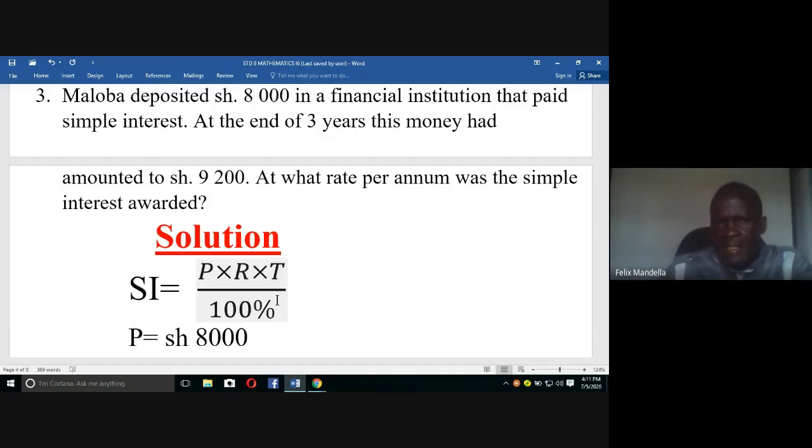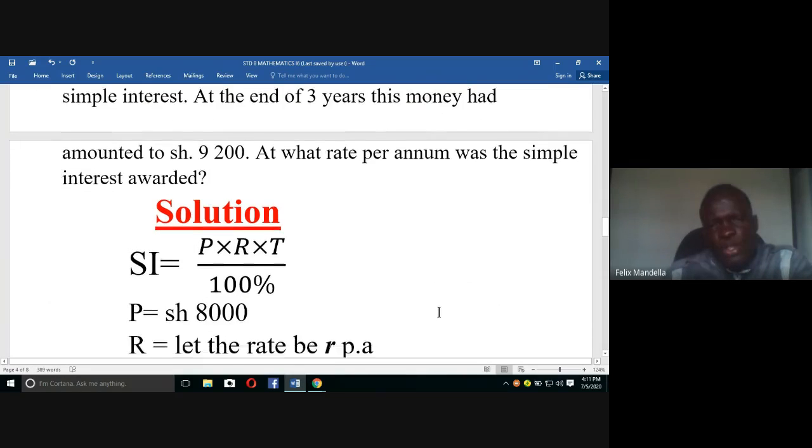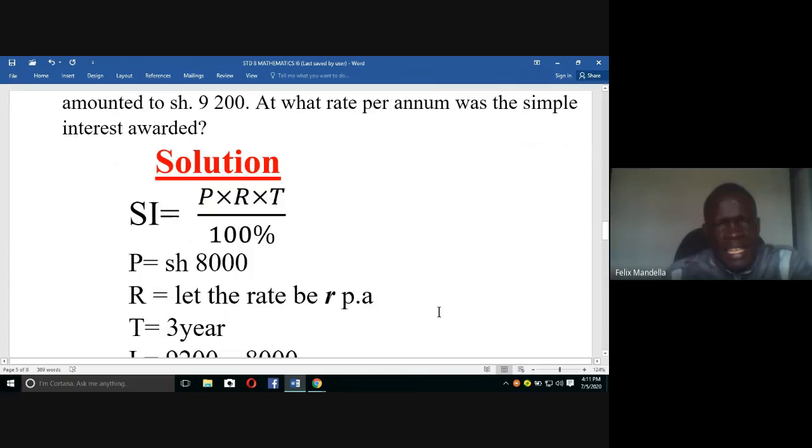At first, 8,000 is the principal, the money deposited, time 3 years. In this case, we don't have the rate. So apply the formula, replace in the formula what you have in the question, the rest just comes by itself.